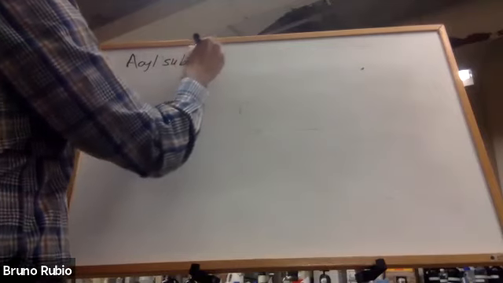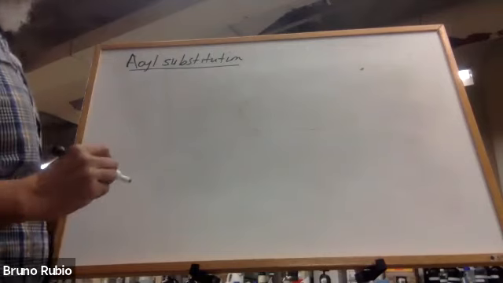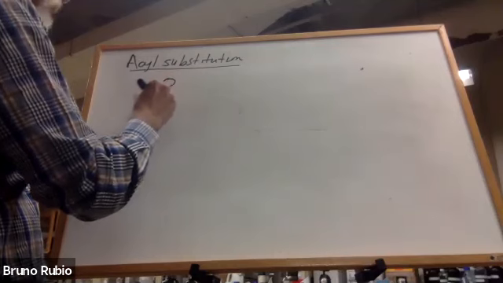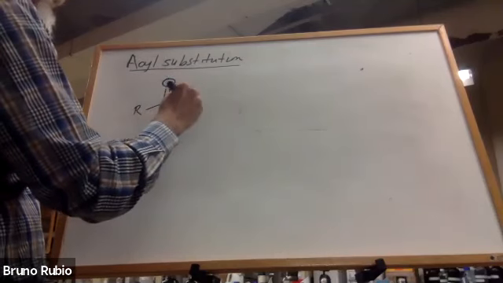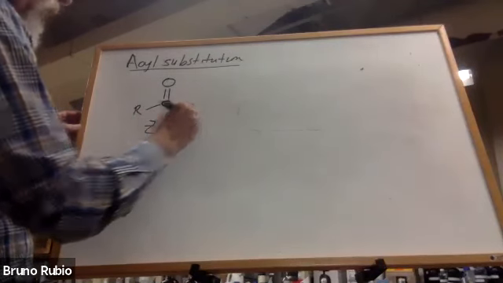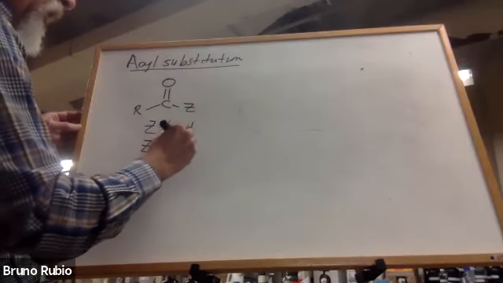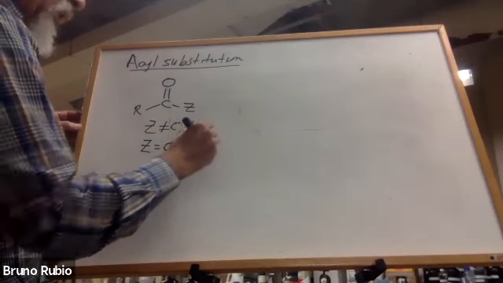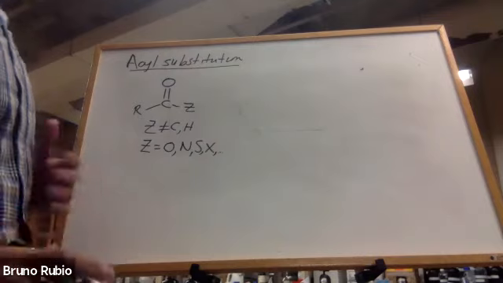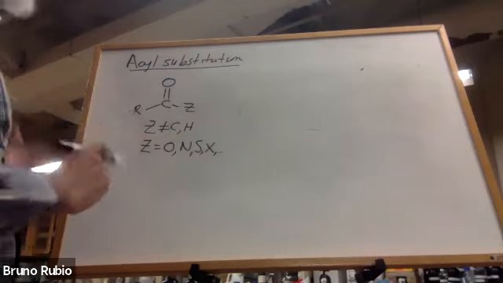Acyl substitution is a reaction that happens with carbonyl compounds where the carbonyl carbon is bonded to something that is not carbon and not hydrogen. So I'm calling this thing Z. What can Z be? It can be oxygen, it can be nitrogen, it can be sulfur, it can be halogen, it can be a lot of things, just not more carbon and not more hydrogen. So something that's not carbon and hydrogen on one side of the carbonyl carbon.